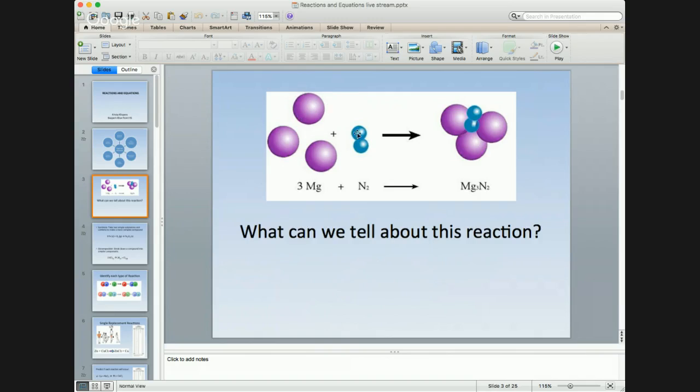That's a type of element. And we have N2, which is a diatomic element. Remember, your Brinkelhofs are all your diatomics. So Br2, I2, N2, Cl2, H2, O2, and F2. Now, they're reacting with one another. There's some kind of effective collision going on between them, and then they're making this more complex compound. So what type of reaction is this? Well, this is going to be a synthesis reaction.